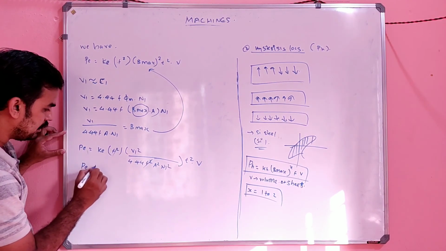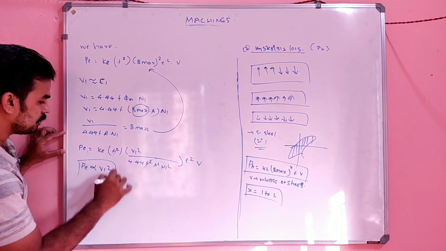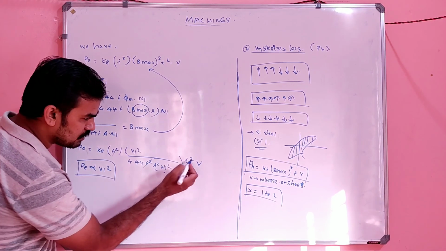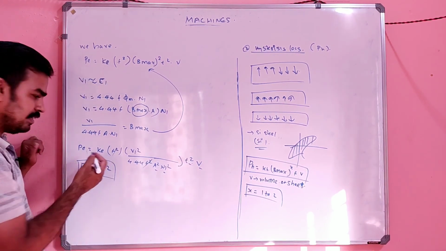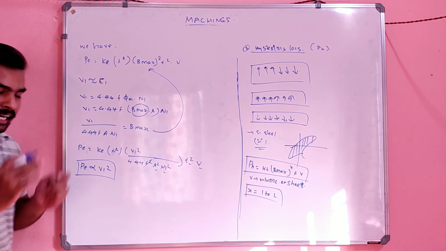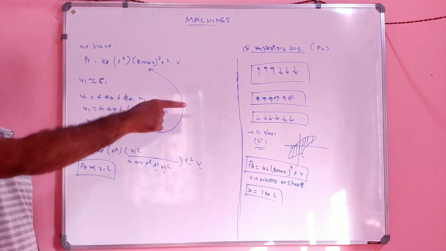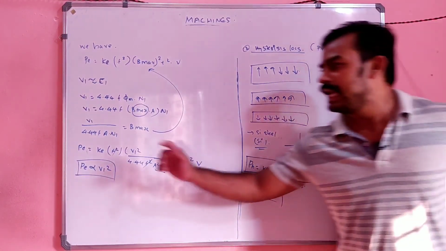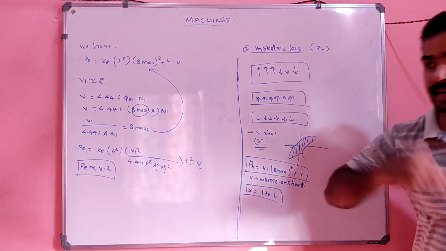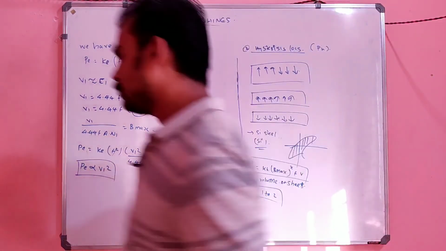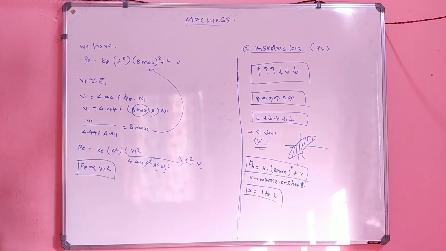So Pe is proportional to V1 square, because area, number of turns, thickness and volume are constant, and K is already constant. That is, the eddy current loss is directly proportional to the square of the applied voltage. Very important relation, which you can use for many problems.